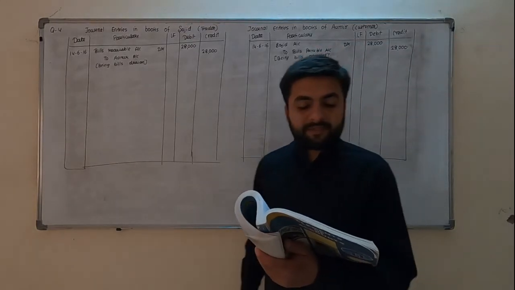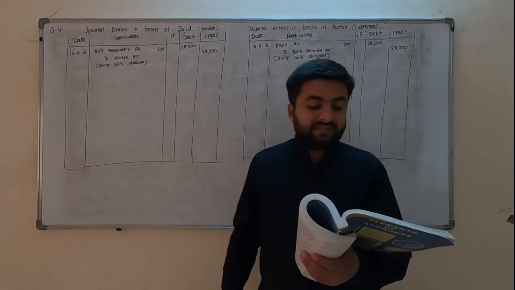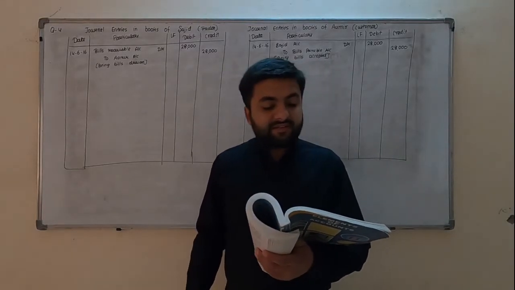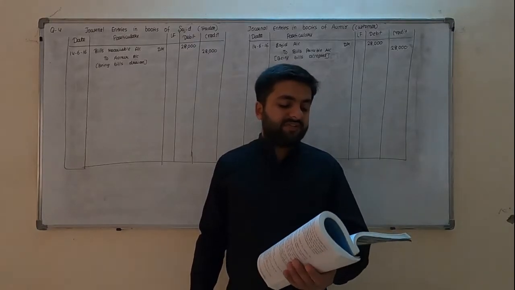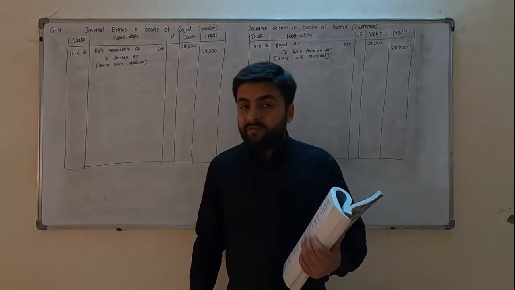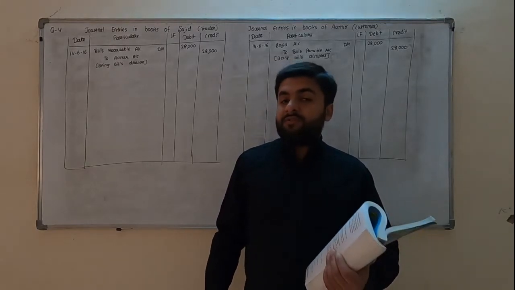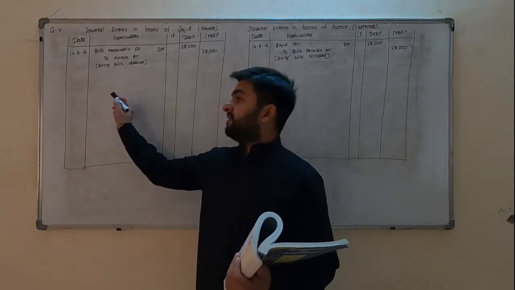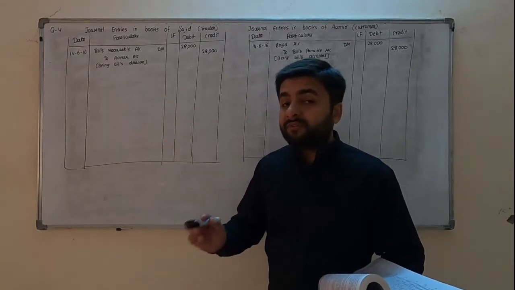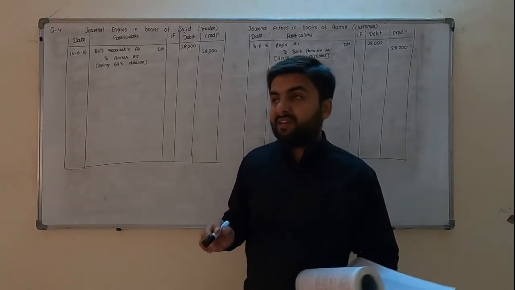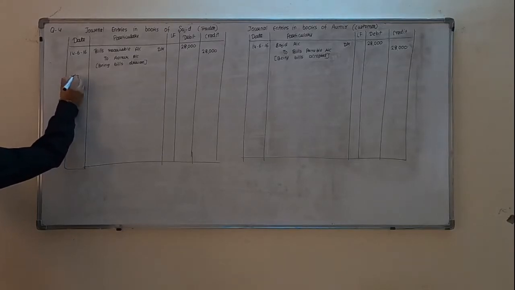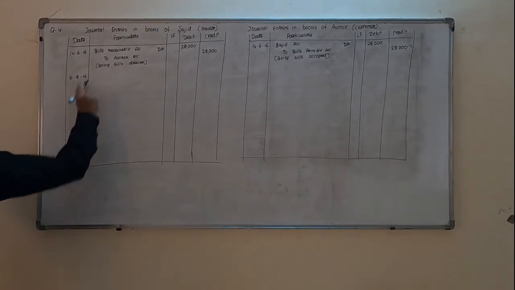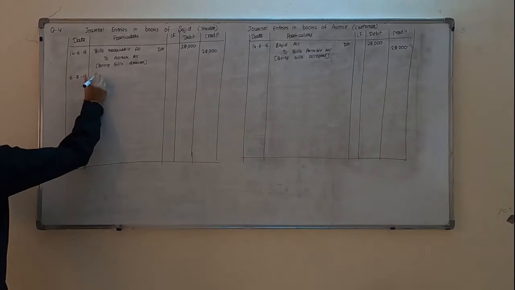Now next, on 6/8/16 Sajid sent this bill to the bank for collection. The bill was paid on the maturity date. So now on 6/8/16 we are sending the bill to the bank for collection before the maturity date, because the maturity date has not come. So first we have to send the bill. The name is a little bit big.